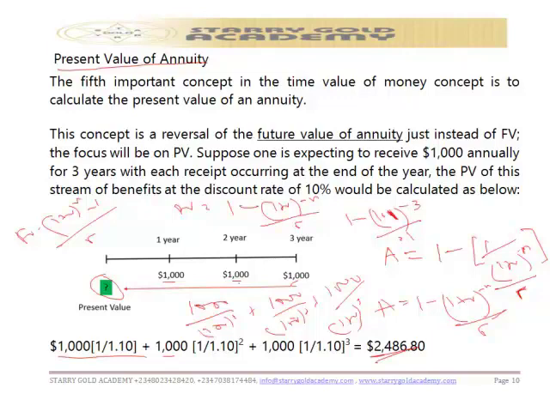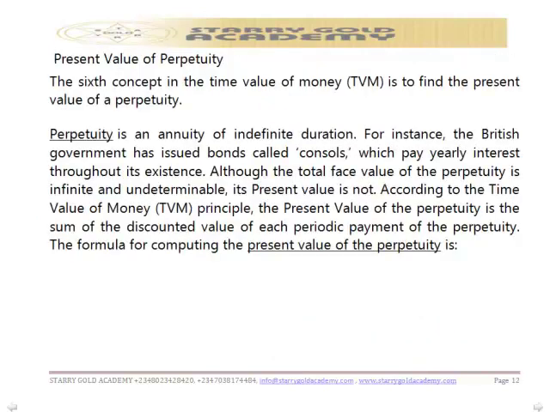The next one I want to calculate is the present value of perpetuity, and that's the sixth and last concept in the time value of money: to find the value of a perpetuity. A perpetuity is an entity of indefinite duration. For instance, the British government has issued a bond called consol, which pays yearly interest throughout its existence.